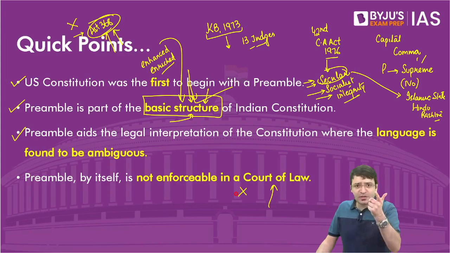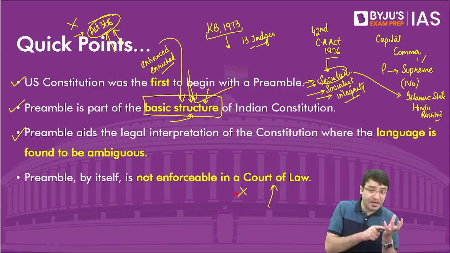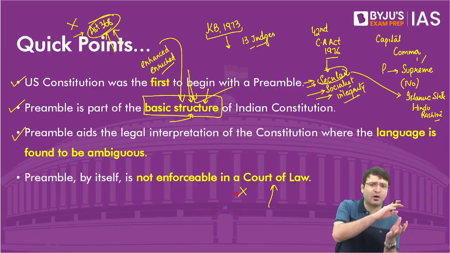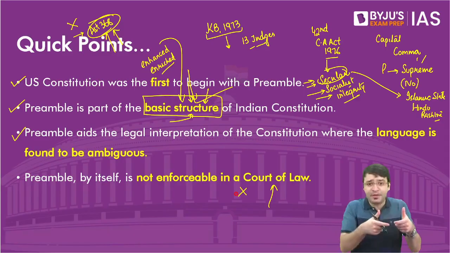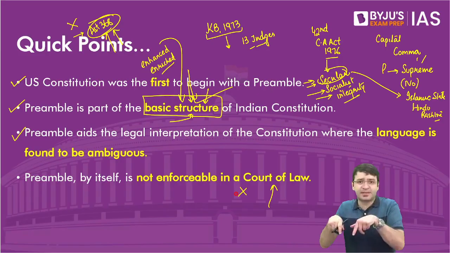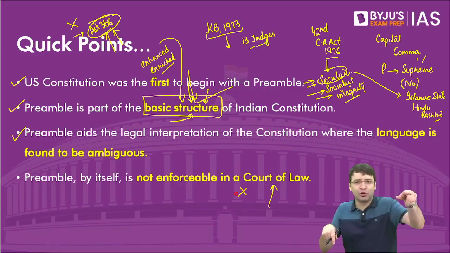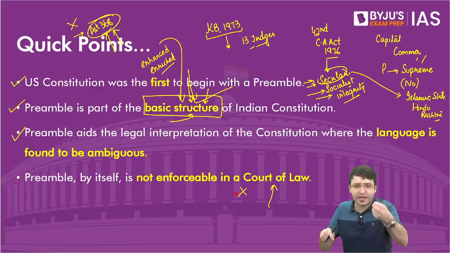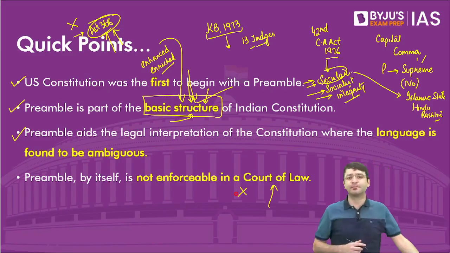Liberty of thought, belief, freedom of expression, although it is one of the objectives of the Constitution mentioned in the preamble, but preamble is not enforceable in a court of law. Doesn't matter. To implement preamble, we have fundamental rights. If these fundamental rights are violated, you can knock the doors of the Supreme Court. Supreme Court will protect, guard your fundamental rights.